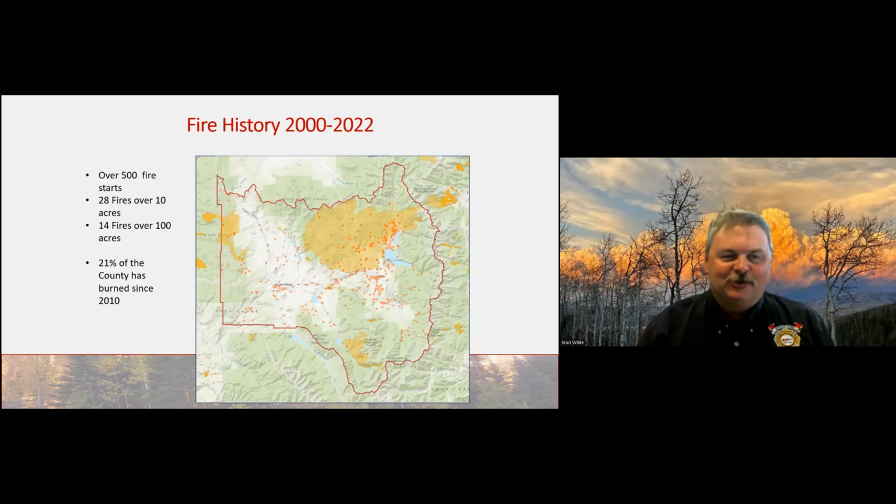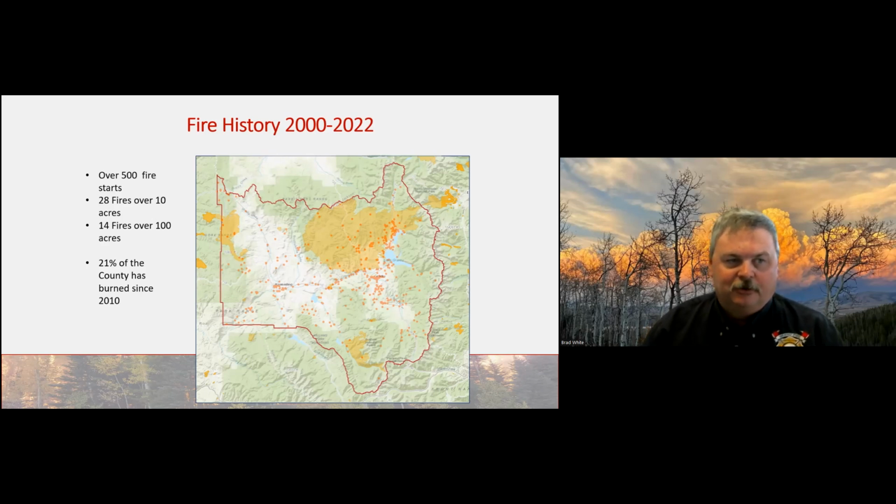As we look at the last 22 years of fire history here, we know we didn't have significant fire history until late in the 1900s, but obviously there are some large fires that had federal involvement. You see the East Troublesome, the Williams Fork on the south side of the county, the Sugarloaf before that, and the Spring Creek on the other side. We've overlaid all the starts that we're aware of that the fire districts have responded to.